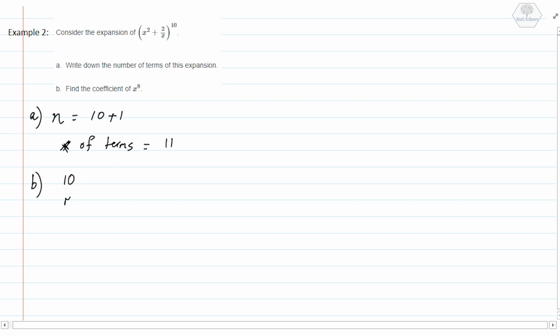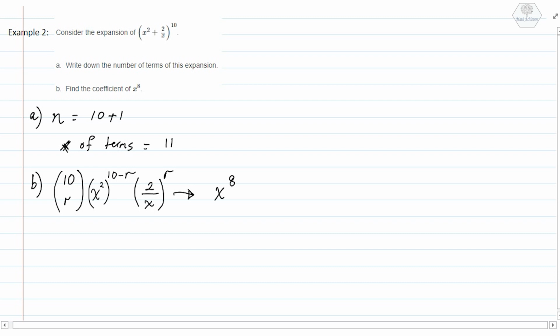So I keep r as unknown. 10 combination r, x squared, all of it, to the power of 10 minus r, times 2 over x to the power of r. And this must give me the coefficient of x to the power of 8.